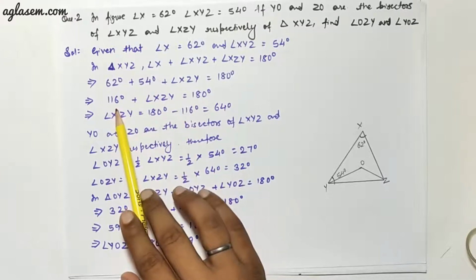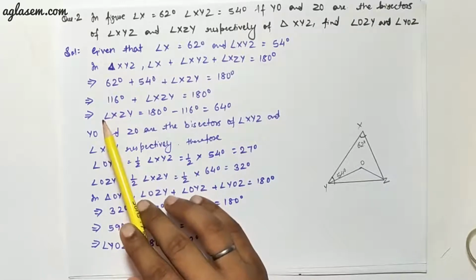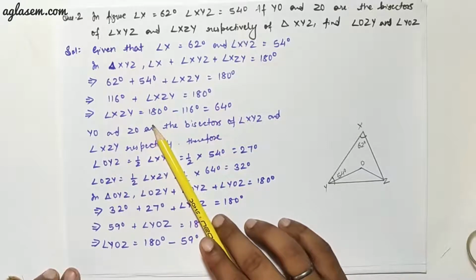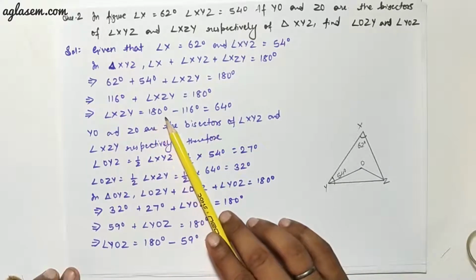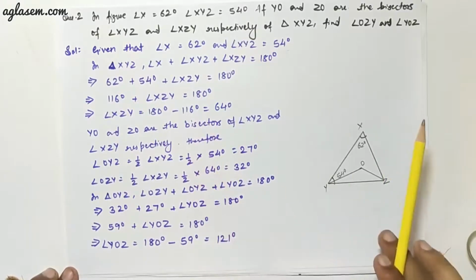So 116 degrees plus angle XZY is equal to 180 degrees. Angle XZY is equal to 180 degrees minus 116 degrees, which is 64 degrees.